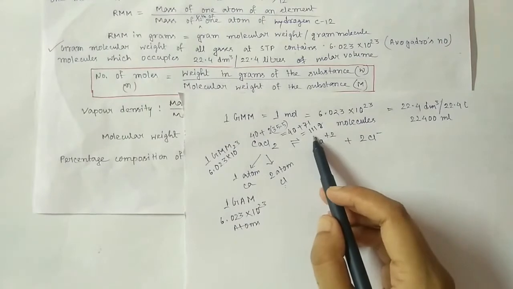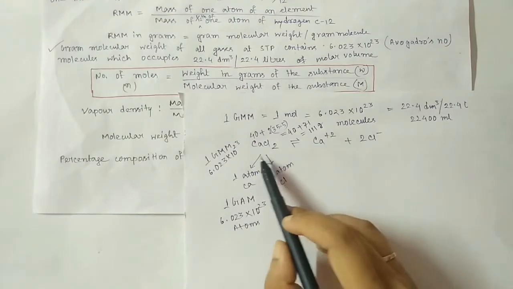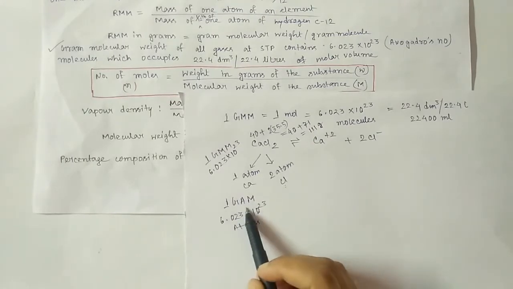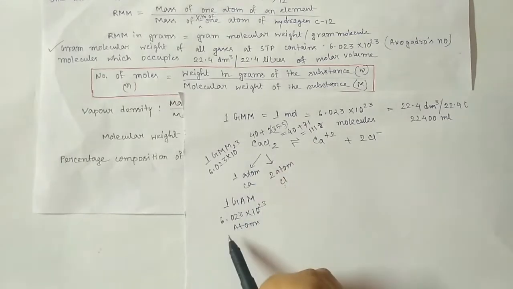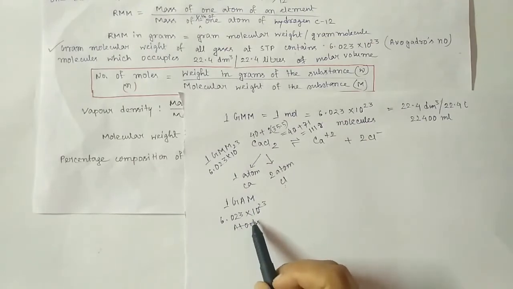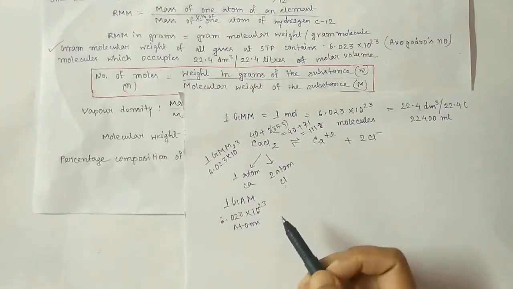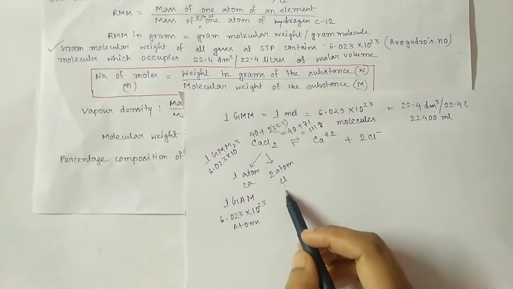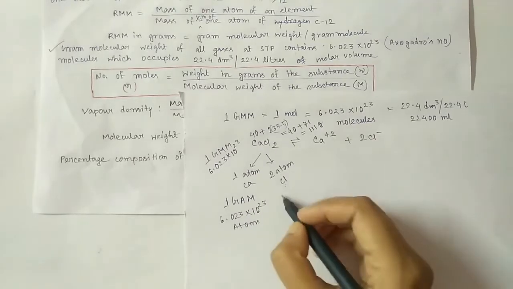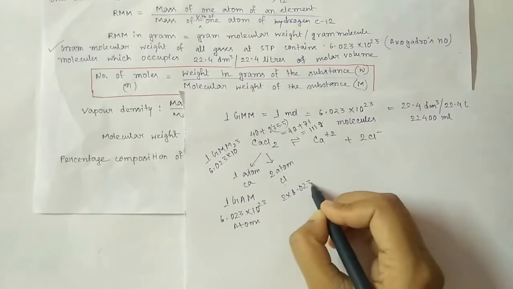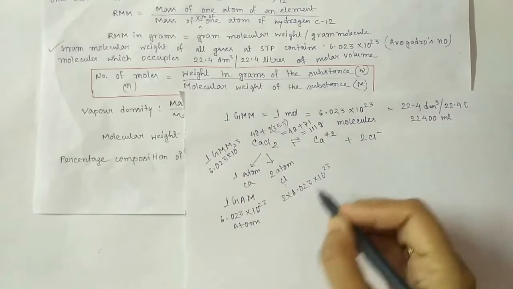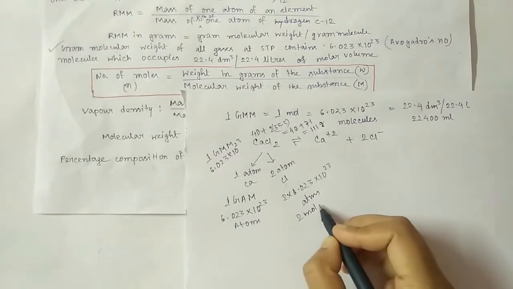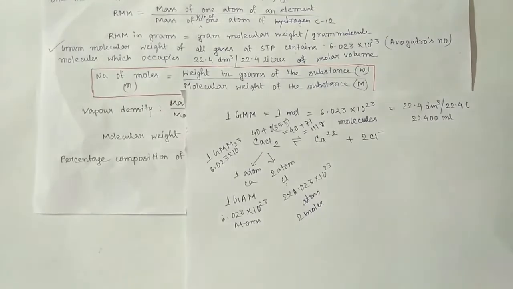So in 111 gram of CaCl2, there will be 1 mole or 1 gram atomic mass of calcium that contains 6.023 into 10 to the power 23 atoms, and it will also have 2 moles of chlorine atoms, that is 2 into 6.023 into 10 to the power 23 chlorine atoms.